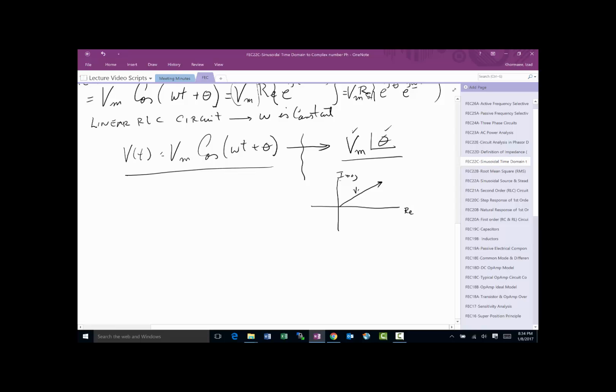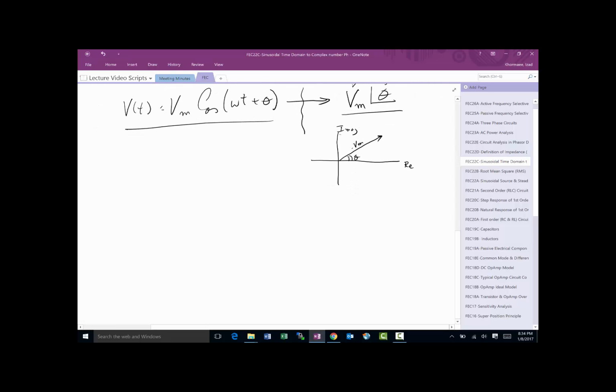Vm is how long this is, and then theta is this. Now we can talk about how many different ways we can represent the same information in the Phasor domain.